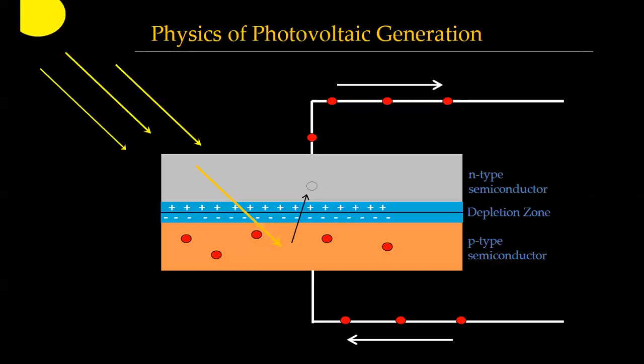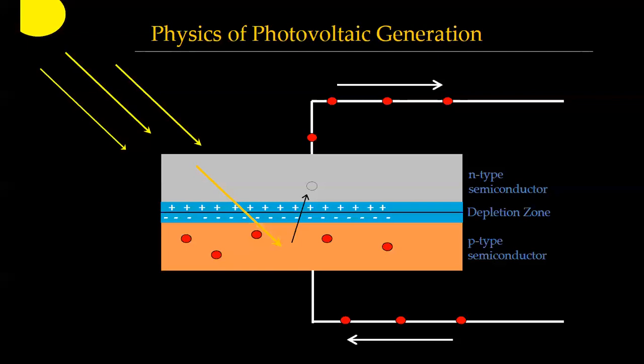When sunlight, which consists of particles called photons radiating from the sun, strikes the silicon cells with enough energy, it knocks an electron out, creating a hole. Because of the electric field due to the N-type and P-type semiconductors, where in the N-type the majority charge carriers are electrons and in the P-type the majority charge carriers are holes, an electric field is created.